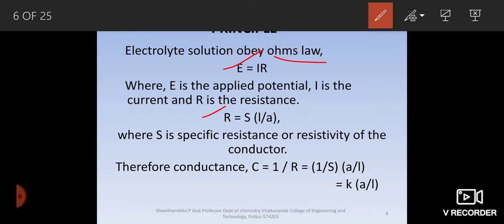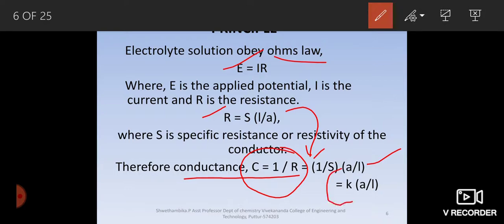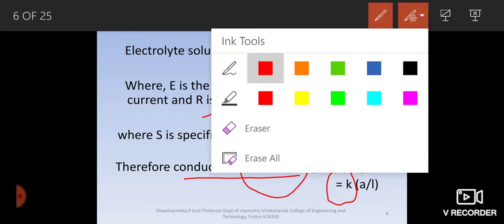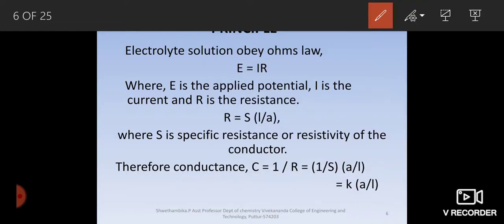Then we know that conductance is nothing but the reciprocal of resistance. So it is written here C = 1/R. So applying the value of R here, we get C = (1/S) × (A/L). 1/S is replaced by a term called K. What is K? It is easy to understand. S is nothing but resistivity.